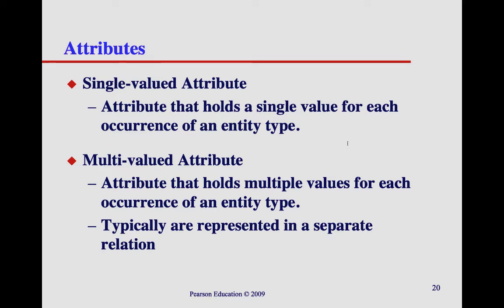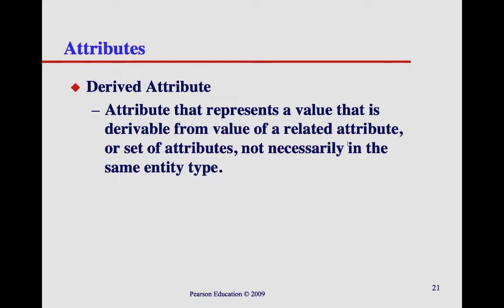A relation could be an entity, it could be a relationship, it could be a multi-valued attribute. And then another type of attribute is a derived attribute, one that is not physically represented in the entity, but could be derived in some way.